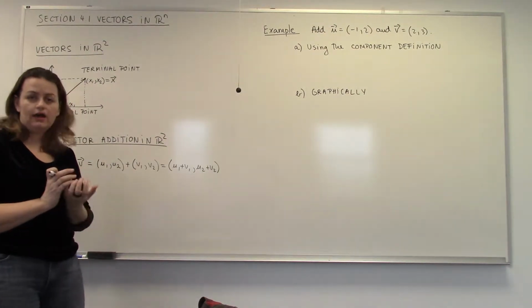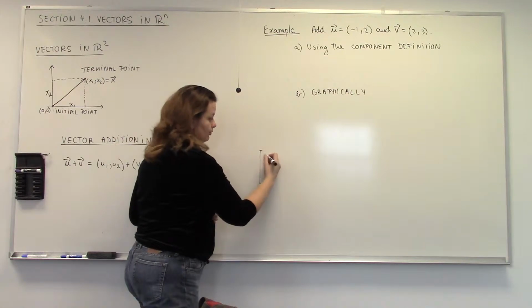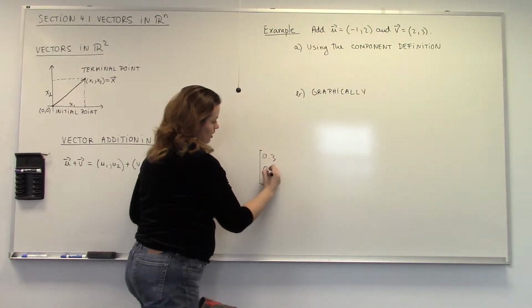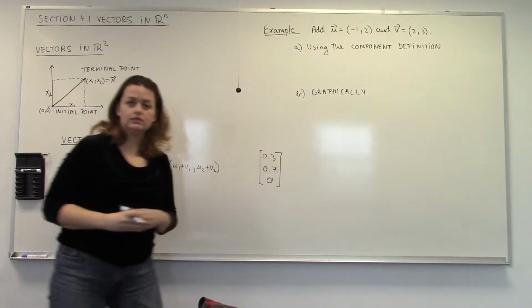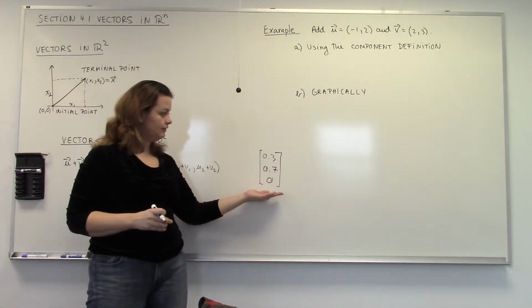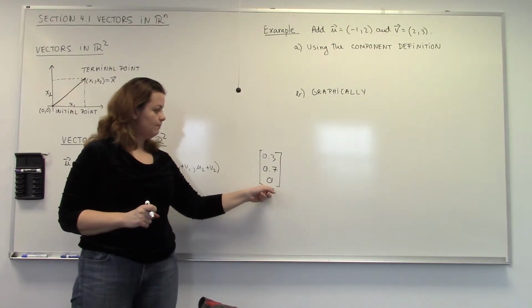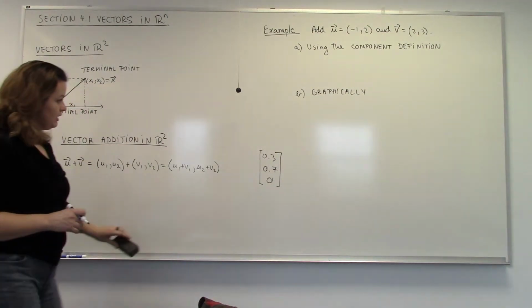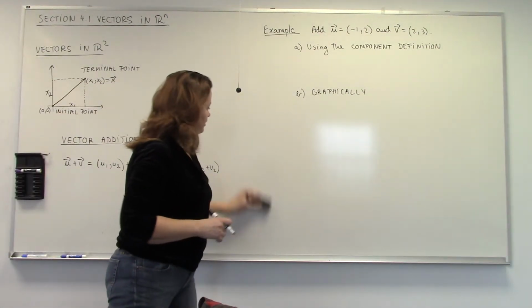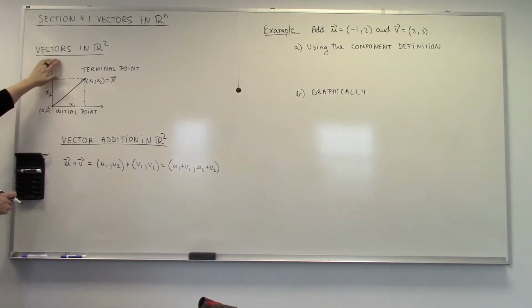So you may have had a matrix on a project that looks like this, and we may have referred to it as a column matrix or a vector. So I hope that was not confusing, but we're going to start with the basic definitions now. So let's see, vectors in R2.